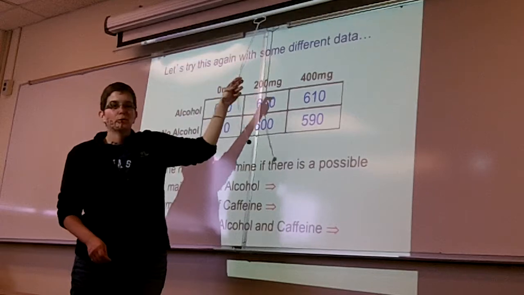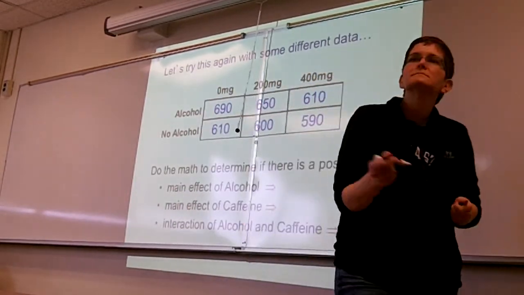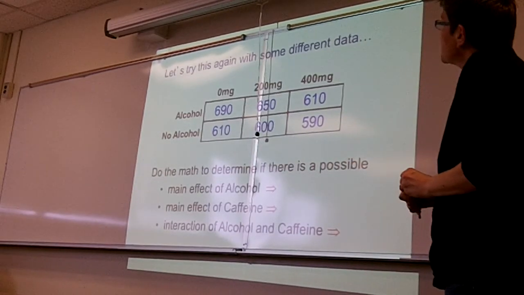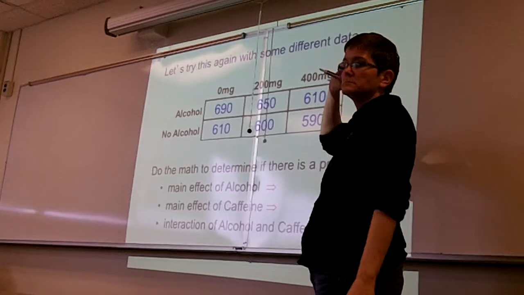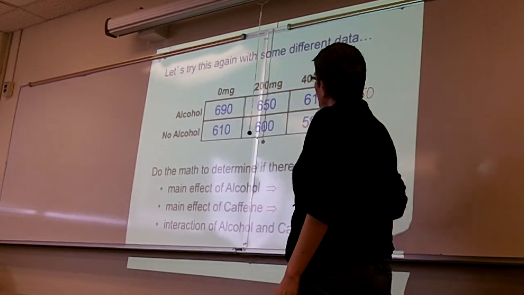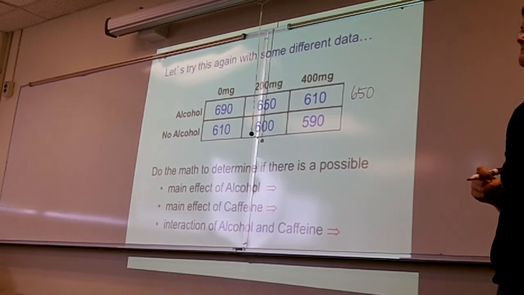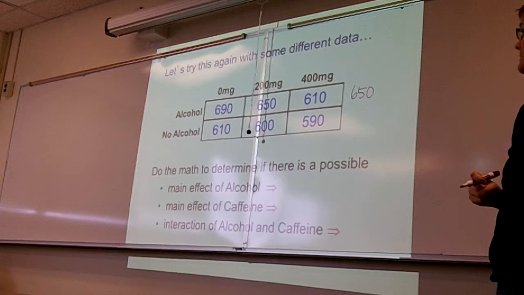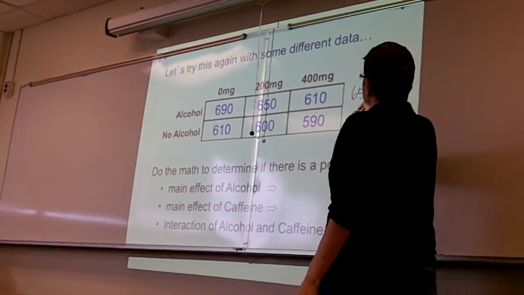Put this up so I can write on the board. Go really high tech, mixed media. Okay, so what is my grand average for alcohol? 650? Okay, and now what about no alcohol? 610 plus 600 plus 590 divided by 3? 600.